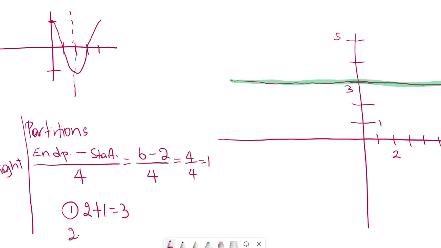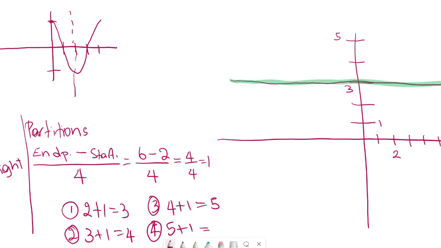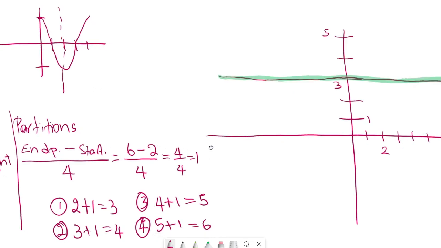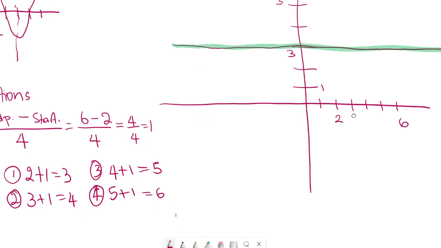Then the second would be 3 plus 1, which would be 4. Then 4 plus 1 as my third point, which is 5. And then my fourth point would be 5 plus 1, which is where I should end, which is 6. So the points I'm going to have in play are 3, 4, 5, and 6.